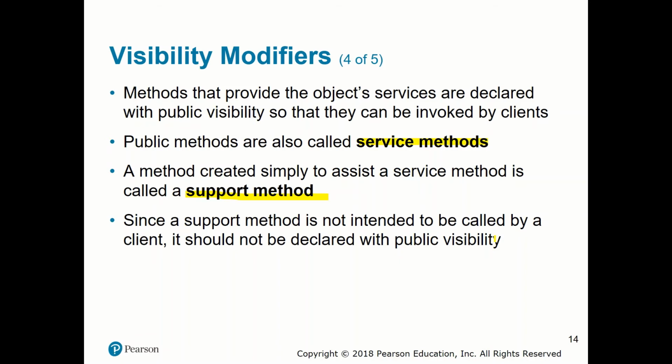So there are two kinds of methods. One is the service method and the other is the support method. So a service method should be declared public to serve the outside world. And a support method can be declared as private because a support method is only used by the service methods inside the class.